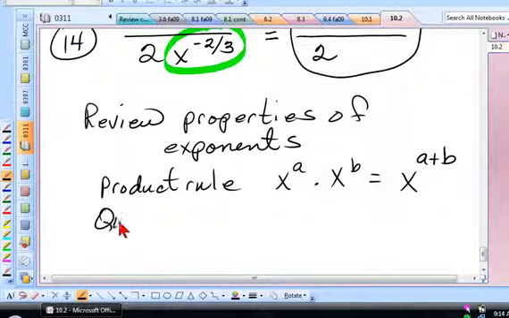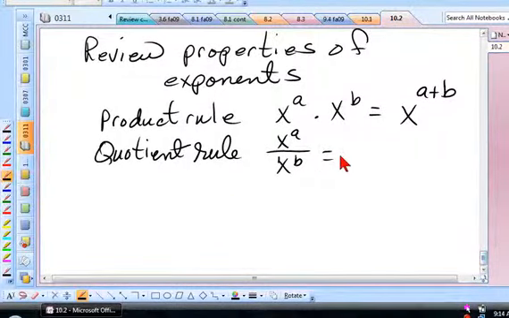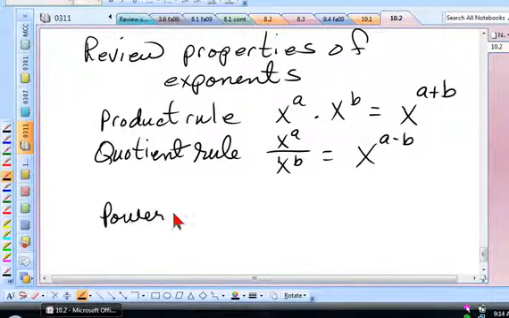The quotient rule. If I have x to the a over x to the b, what do I get? Subtract: x to the a minus b. The power rule we have talked about.